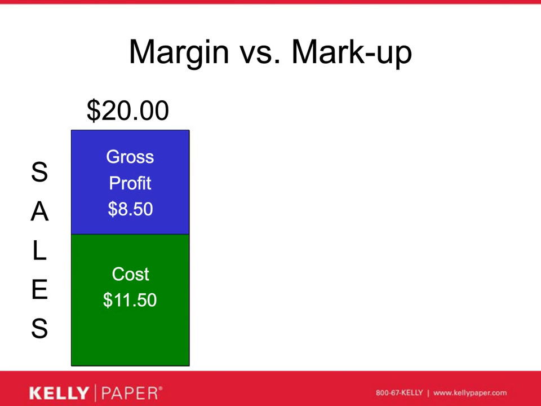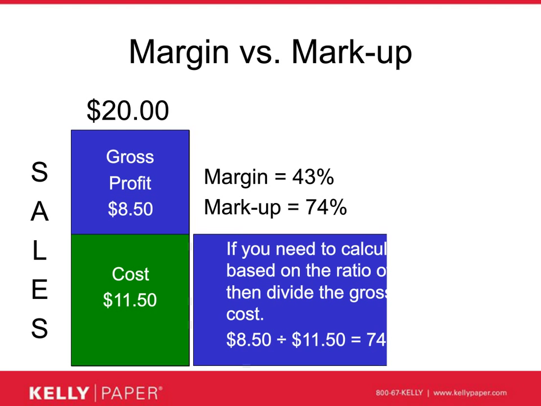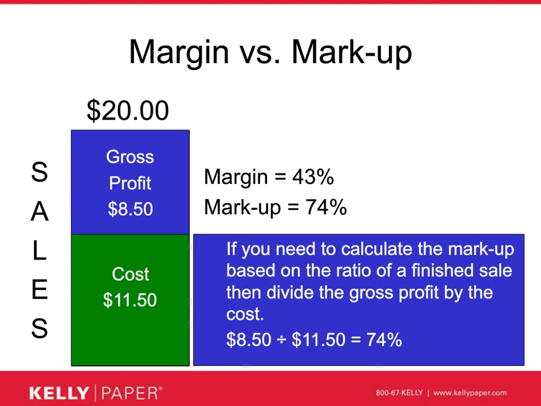This gives us a combined gross profit margin of 43%, and our combined markup is 74%. Since we don't mark all products at the same ratio, there may be times where you need to calculate the markup based on the finished sale. To do this, divide the gross profit by the cost. This gives you the markup percentage.